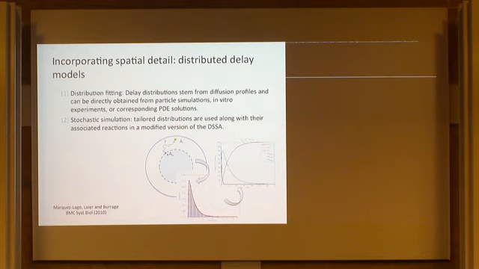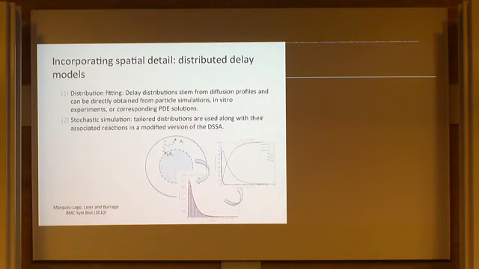So somehow we have information about the diffusive profile. In our case, since we did not have such data, we obtained it from a particle simulator. We used at that time ChemCell.